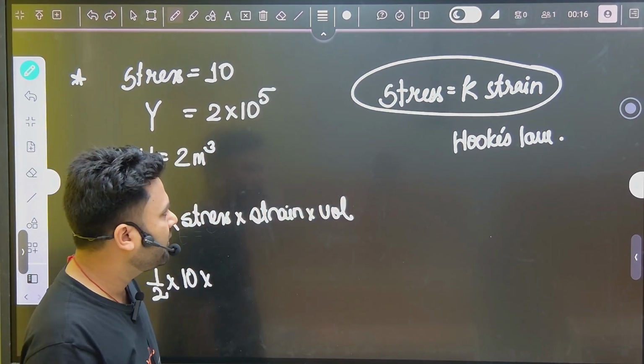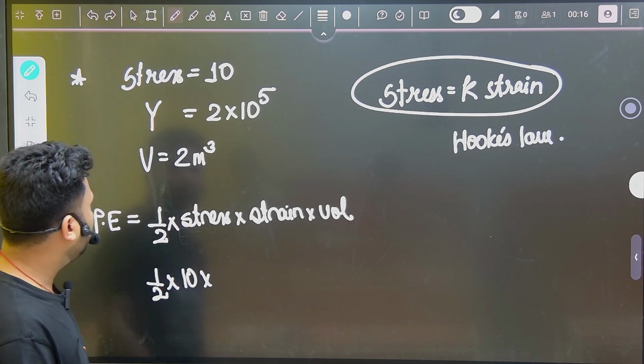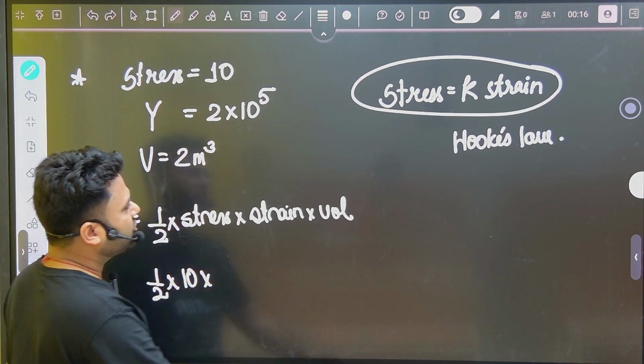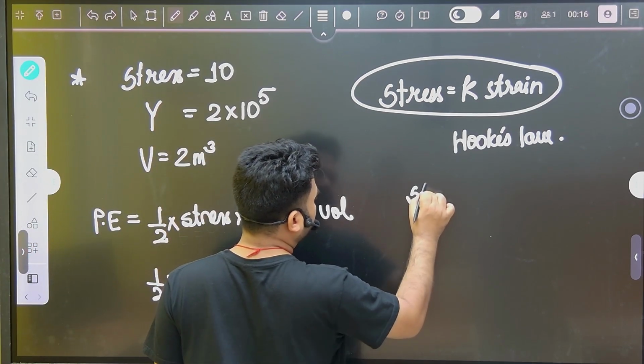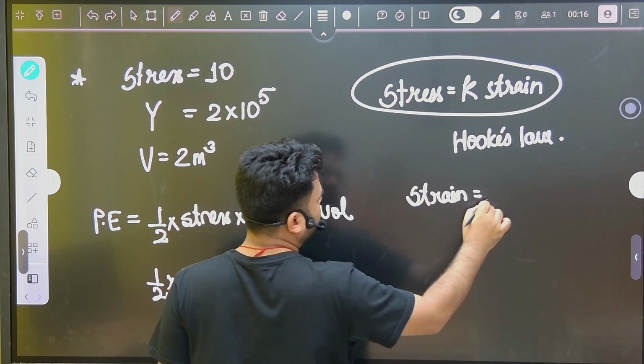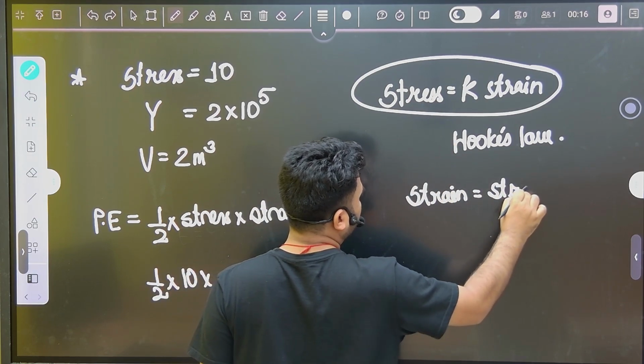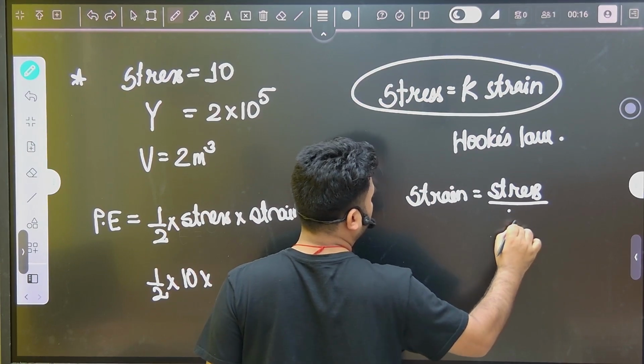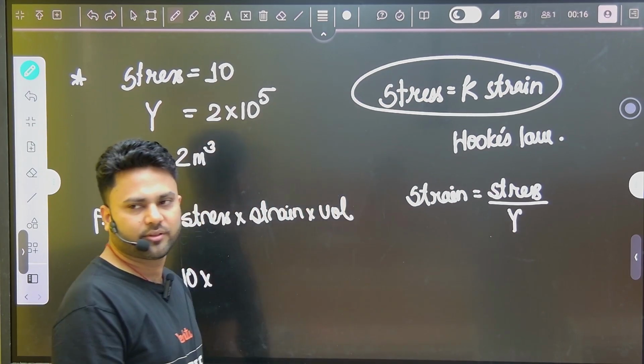Correct? So strain is not given. So can you write strain equals stress divided by the constant, or Young's modulus? Here they have given Young's modulus.